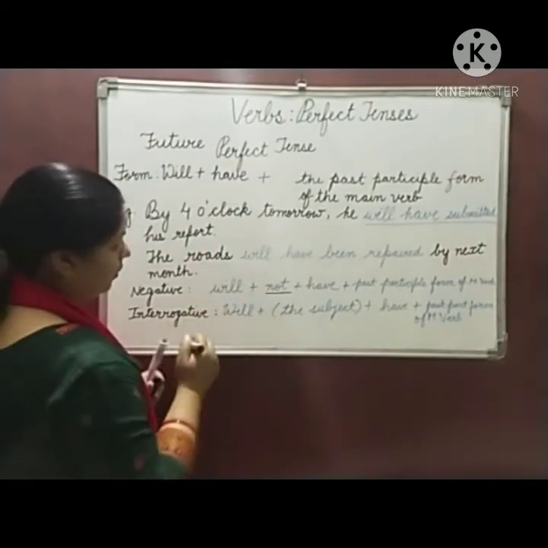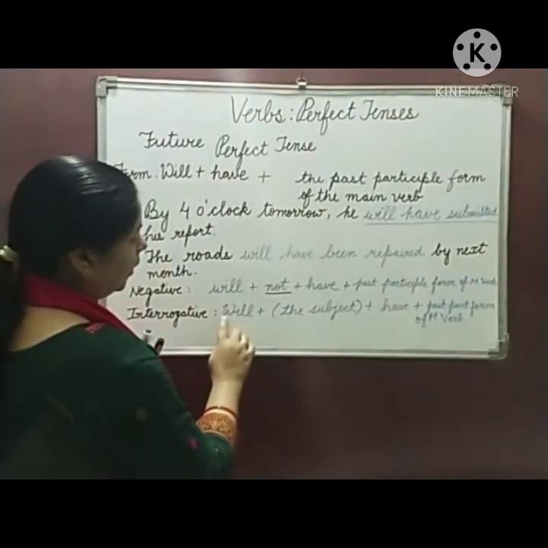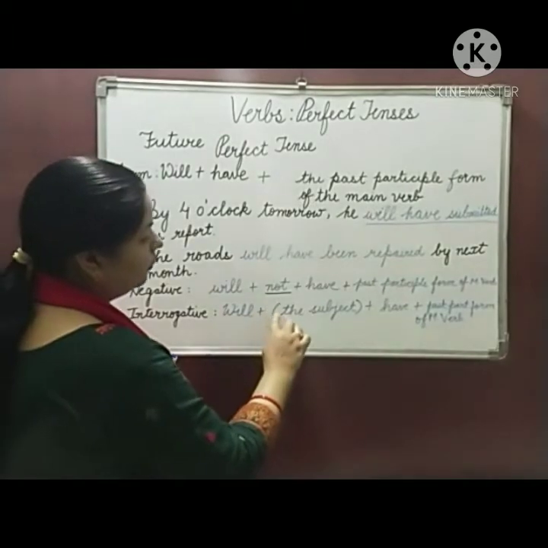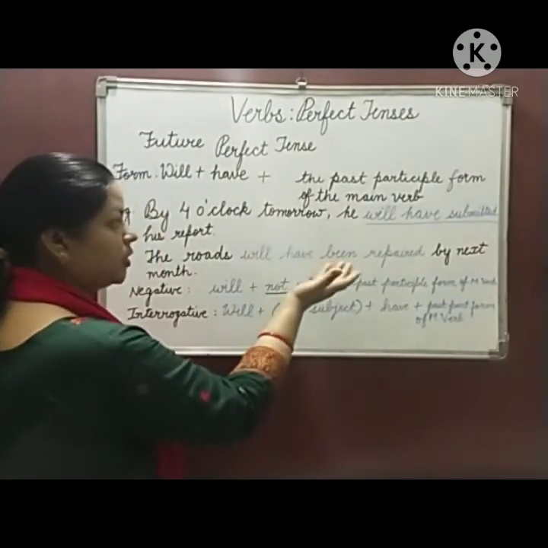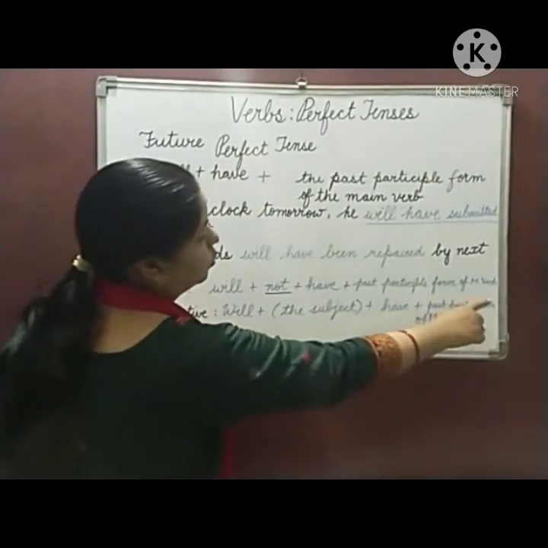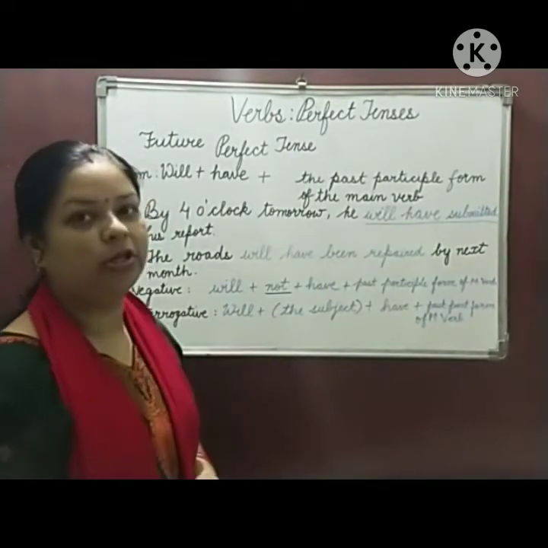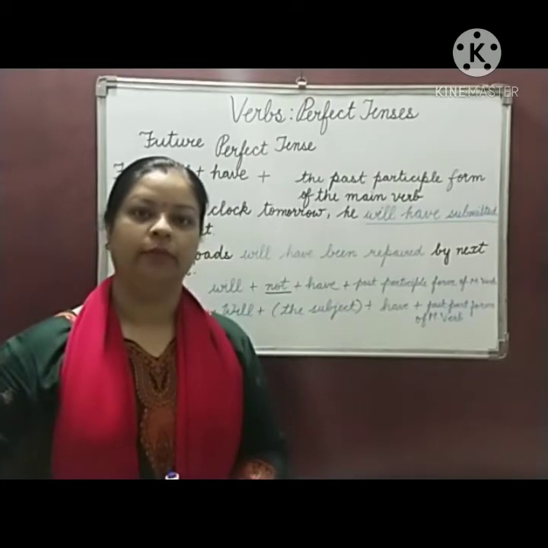We will bring the auxiliary verb will first, and then we will use the subject, whatever the subject may be according to the sentence, and then we will use have, and then the past participle form of the main verb. So this is the formation of future perfect tense in negative and interrogative.